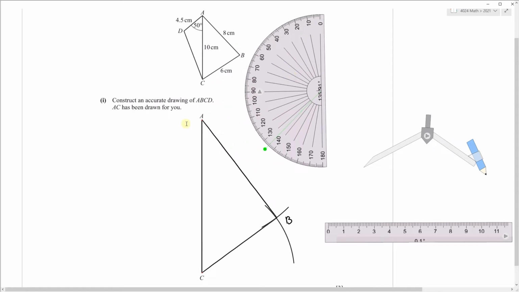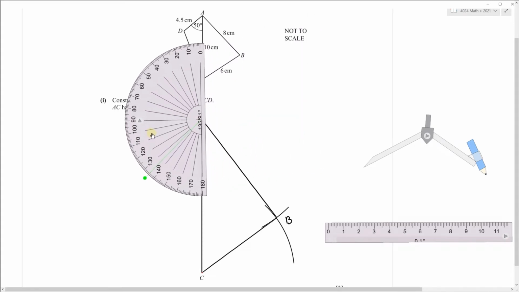I'll position it at this point A. Make sure it's aligned with my line, like this. So my 180 is here. So I have to go 50 degrees. That will bring me to 130. So this angle here is 50 degrees.